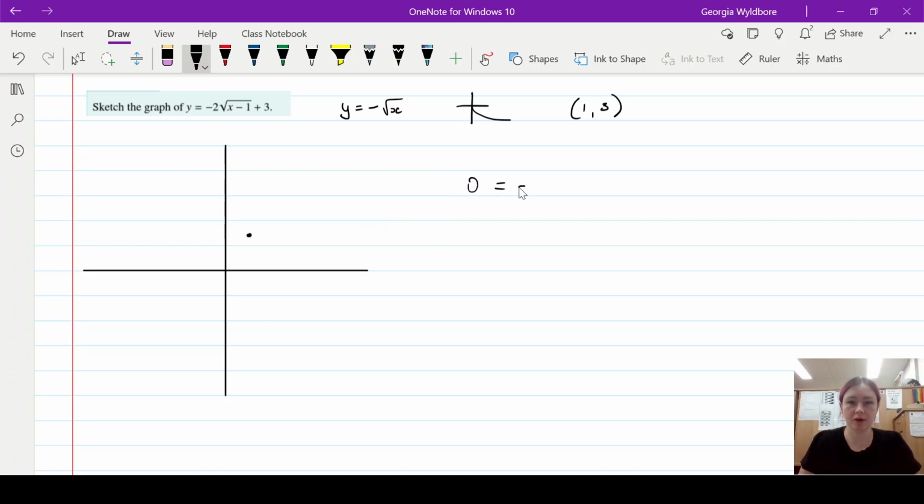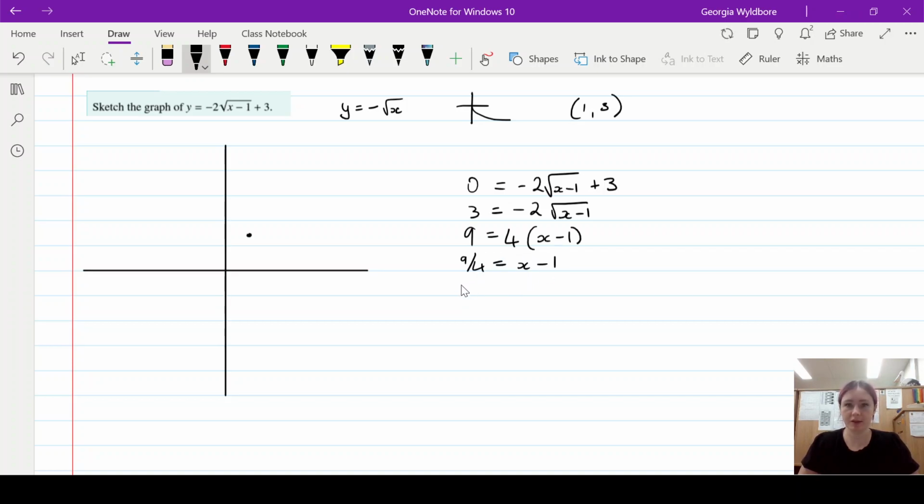So we get 0 equals -2 root x minus 1 plus 3. 3 equals -2 root x minus 1. If we square everything here, we get 9 equals 4 times x minus 1. So 9 over 4 is x minus 1.